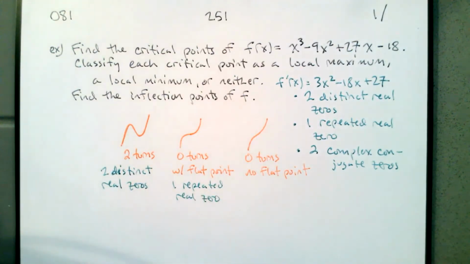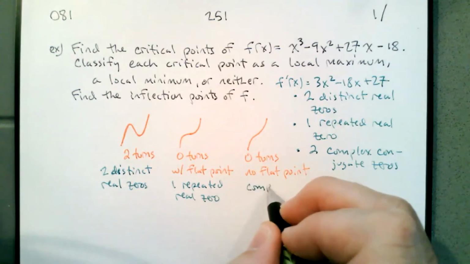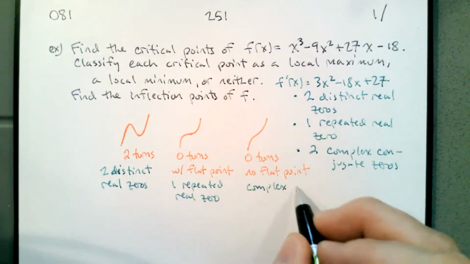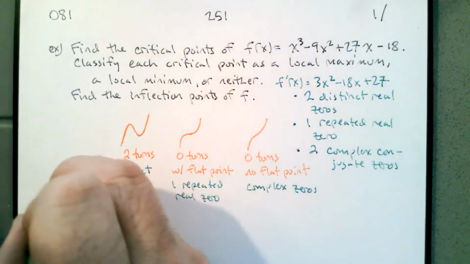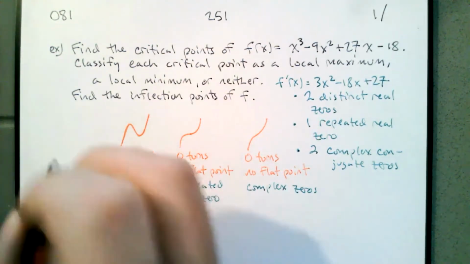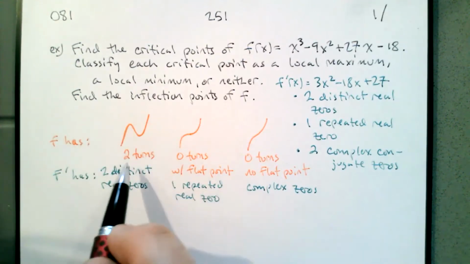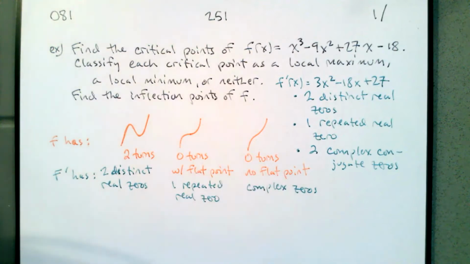And we'll have no turns, that is, no flat points, if the derivative has no real solutions, which would mean complex solutions. So f can have 2 turns, 0 turns with a flat point, or 0 turns with no flat point. And that would mean that f prime has either 2 distinct real zeros, 1 repeated real zero, or complex zeros.